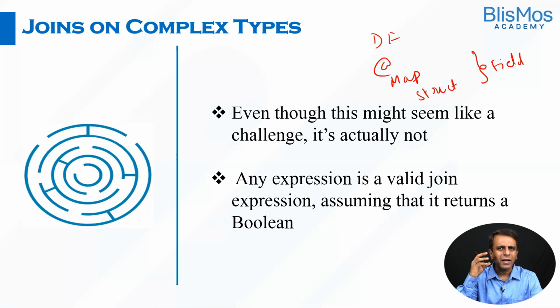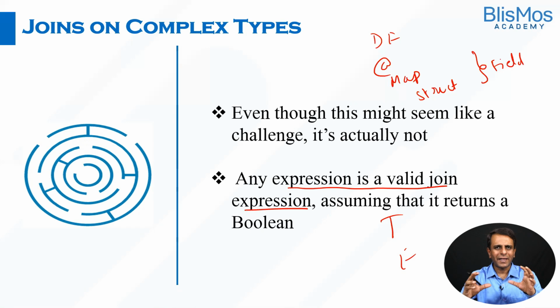This question may arise in your mind, but our approach is to treat it the same as any other data frame. Spark assumes any expression is valid as long as it returns a Boolean value, whether the expression will evaluate true or false.